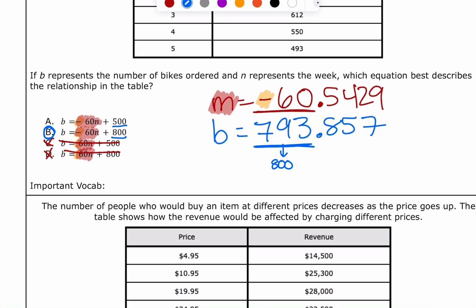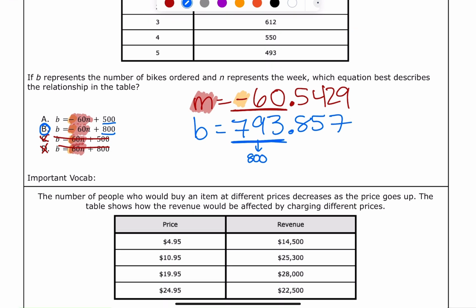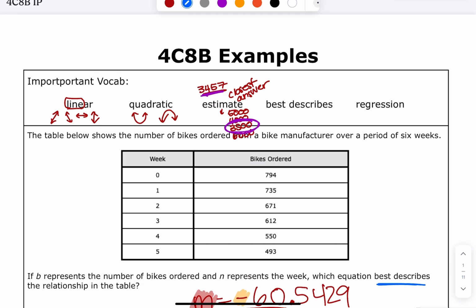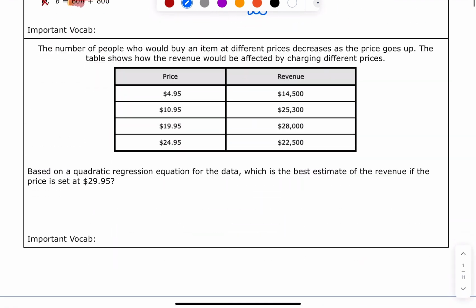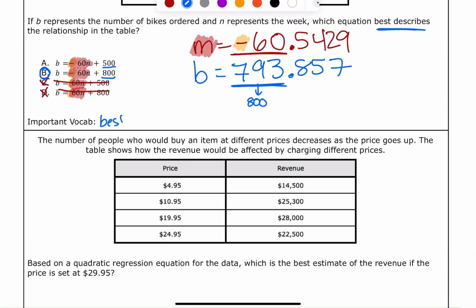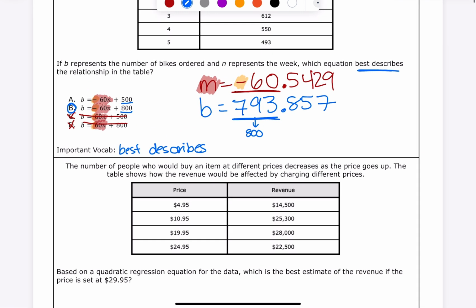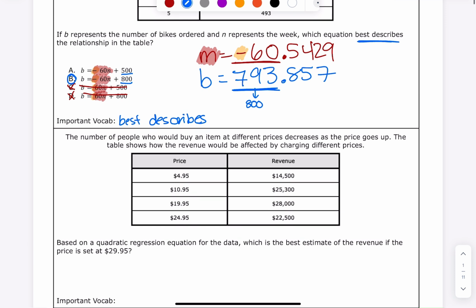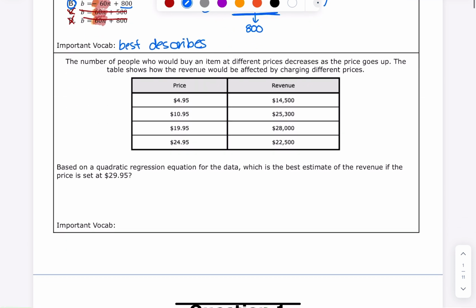Okay, and best describes, that's going to be our important word. This is like the same thing, closest answer, best describes. It means you're not looking for an exact number because we would have seen these numbers if they were exact. Let's try the next one. Remember, closest answer. The number of people who would buy an item at different prices decreases as the price goes up.